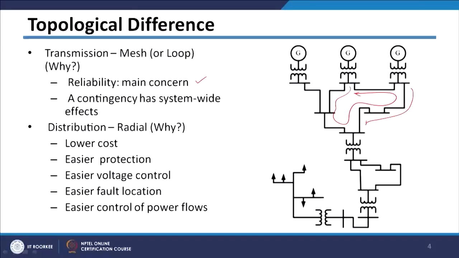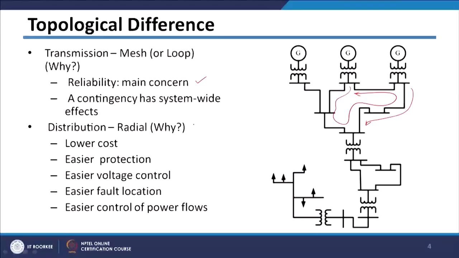To avoid these stability issues, we want the system to be interconnected, forming a loop kind of structure. Whenever some lines or some generators are out, the power will still be available from alternate routes.